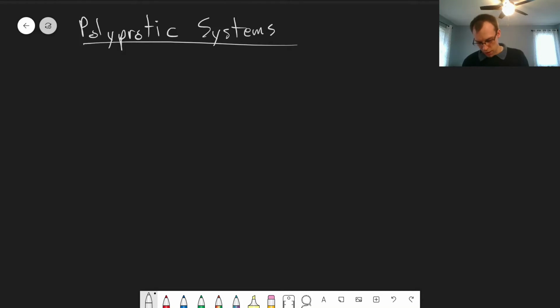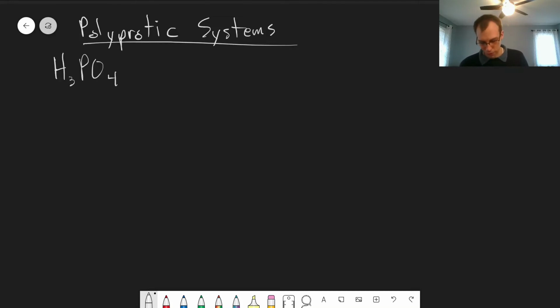Okay, so one example of a triprotic system is phosphoric acid. Phosphoric acid has 3 different protons to be lost. And what we're going to do to find the pH values and to look at the equilibria is identify what type of molecule we're looking at. So with phosphoric acid, we have multiple different options.